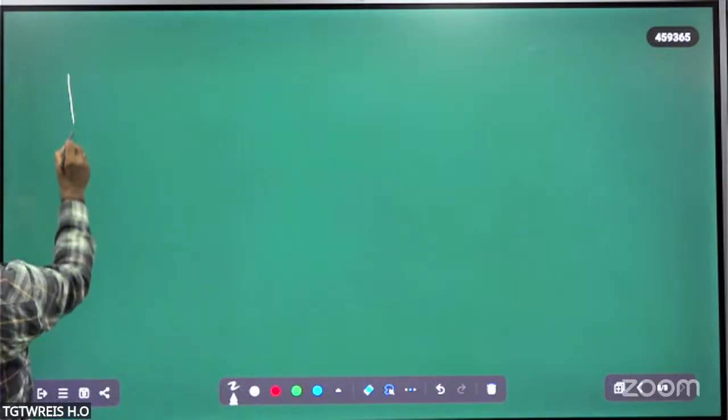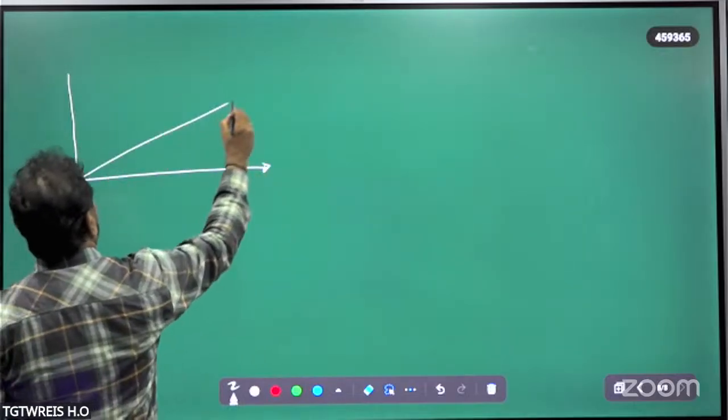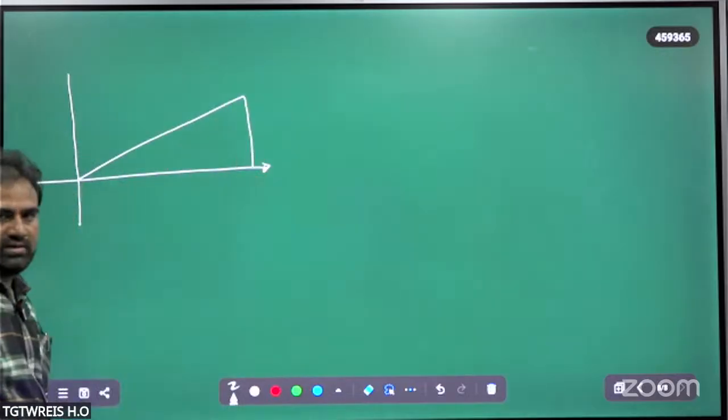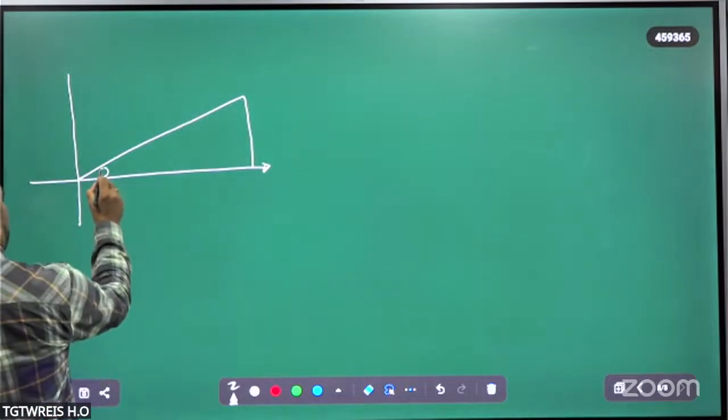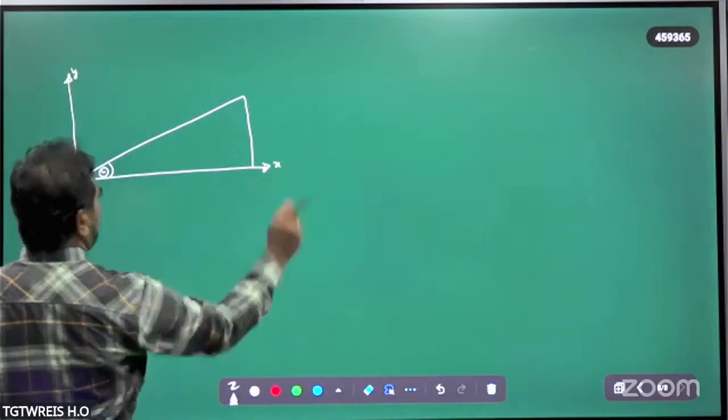Suppose consider an inclined plane of inclination theta. This is the theta. So this is the y-axis, this is the x-axis.